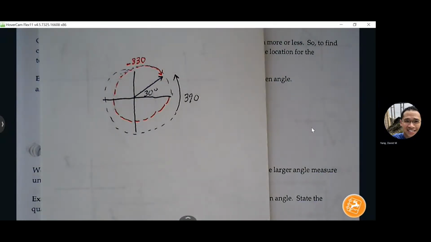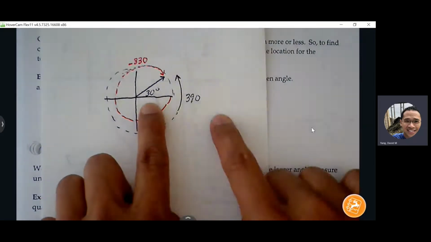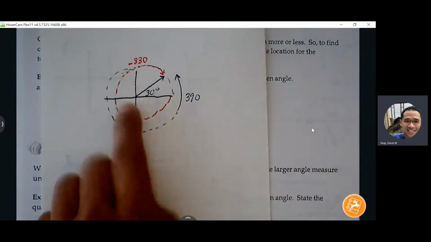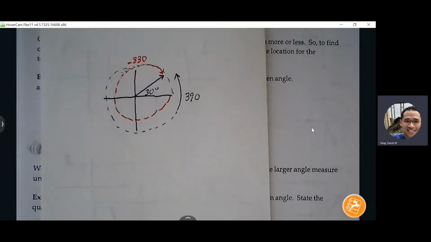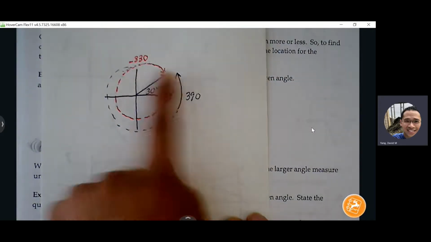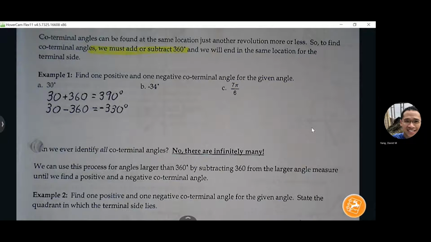It just takes a different route to get to that same angle measure. Does that make sense? So we can have infinite numbers of coterminal angles if we just keep adding 360. If we keep adding more and more rotations around the circle, we can still reach the same angle measure. Okay, try part B.